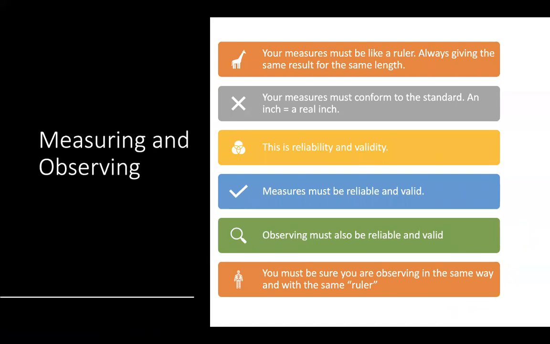So you've got internal validity of an experiment, external validity of the experiment. And then when you're looking at measures, you also have to look at validity and reliability for those. And so to clarify, this can sometimes be a little bit confusing.